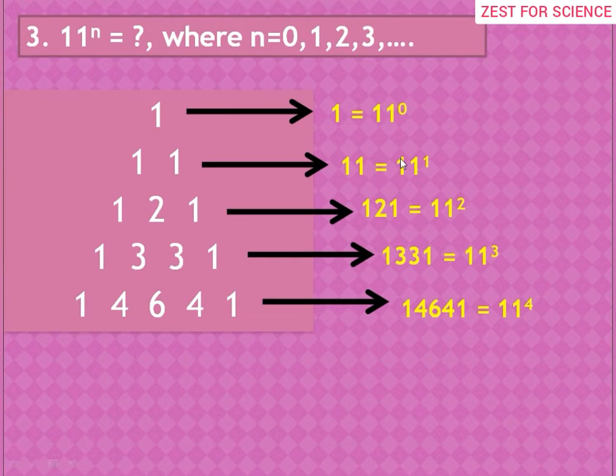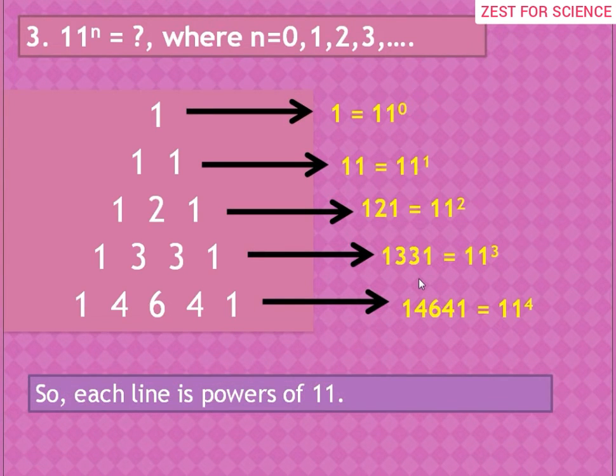Now, the number on the first row is 11, that is 11 to the power 1. The number on the second row is 121, which is 11 squared, and so on. So each line is a power of 11.